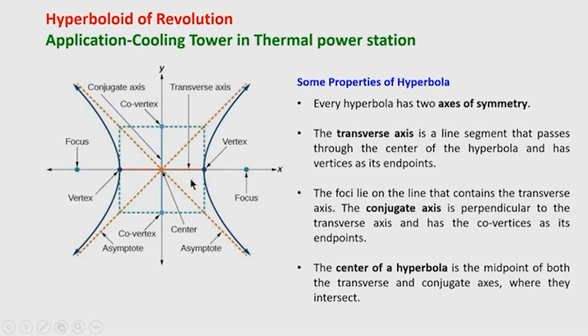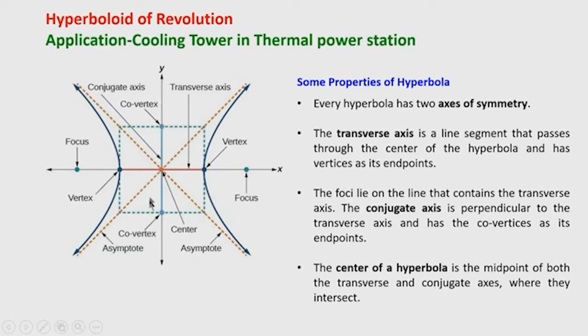Now, the hyperbola has a focus. One focus is here for this hyperbola, and when it is rotated, on the other side there will be another focus. The focus lies on the transverse axis, and the conjugate axis is the other axis which is perpendicular to the transverse axis.